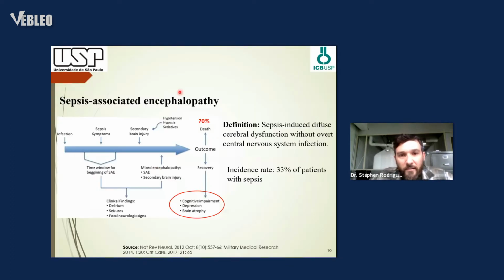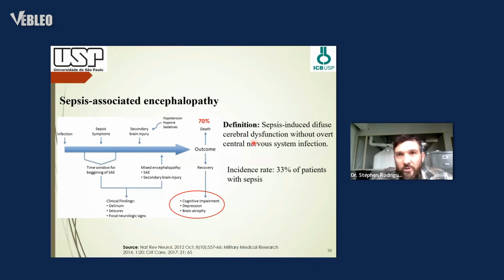This is when we thought about a disease in which inflammation plays an important role. It's called sepsis-associated encephalopathy. In this disease, we induce sepsis in a murine model, and we study the brain.